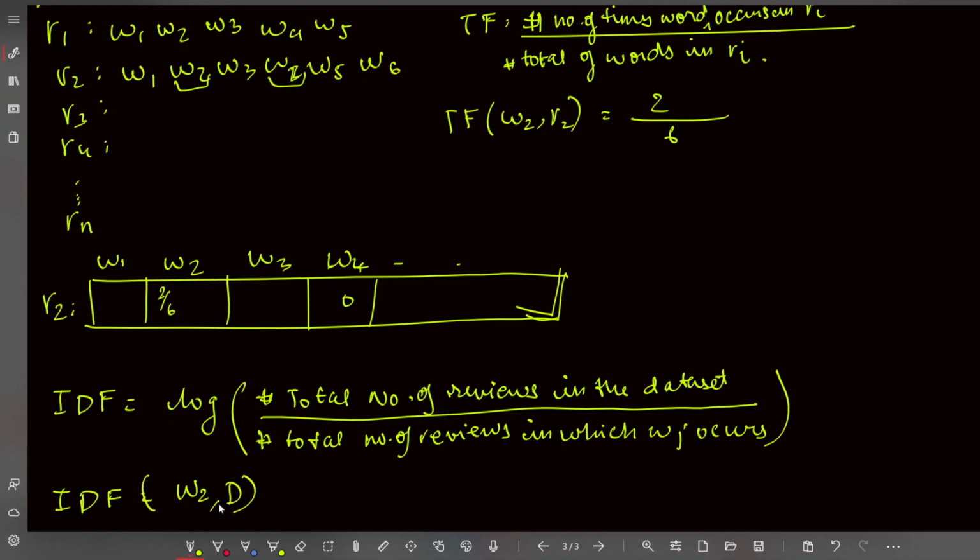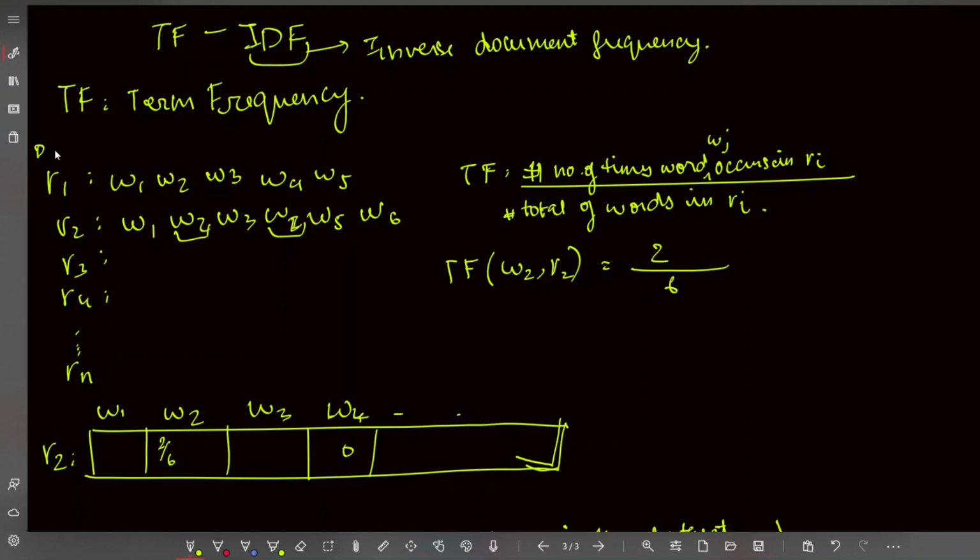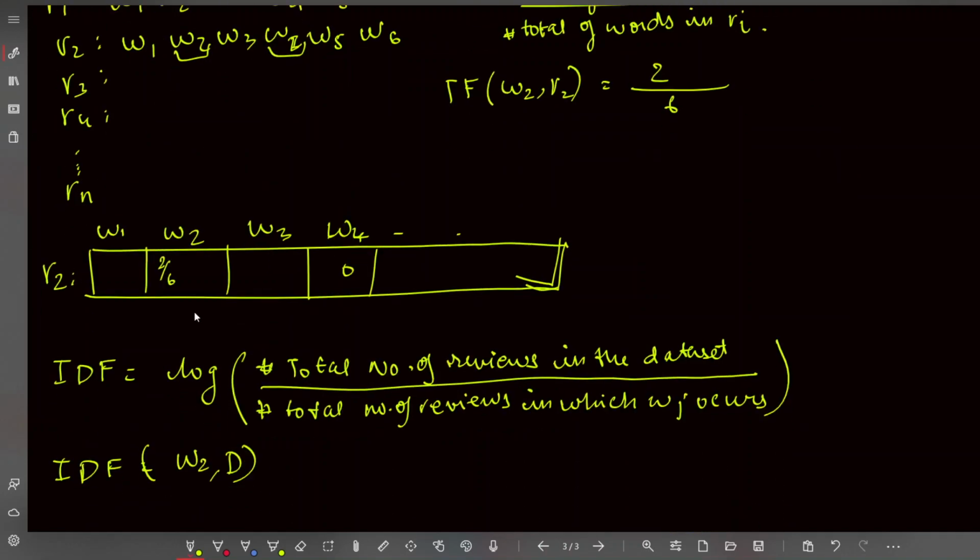Okay. So now if I have to calculate the inverse document frequency of W2 in a document corpus D, all of these reviews I'm going to call D, okay. All of these reviews come under a document D. So if I have to calculate the inverse document frequency of the word W2 in the document D, this would be given by log of the total number of reviews in the data set. I'll make this capital N, okay?